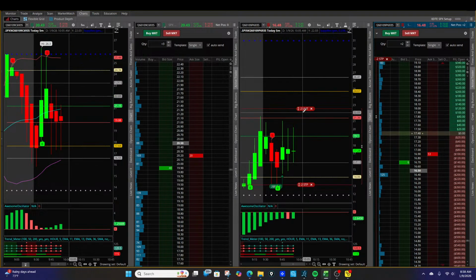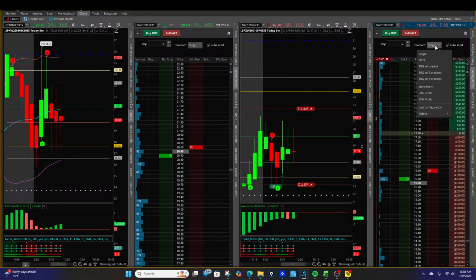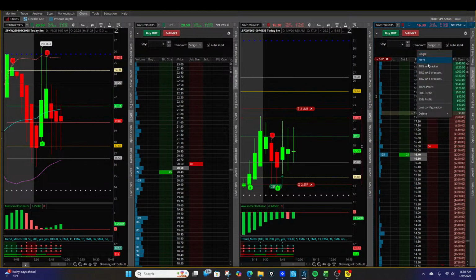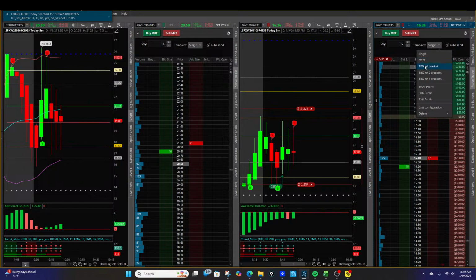And it's a one cancels the other type of order, OCO. And people have asked, how did I find out about that? If you click on single on your templates, it has single, OCO, which is one cancels the other, TRG with bracket, and TRG with 2 brackets, and TRG with 3 brackets. Not quite sure what TRG means.